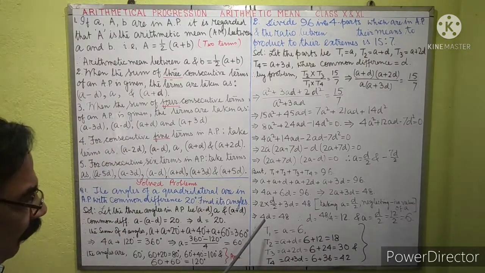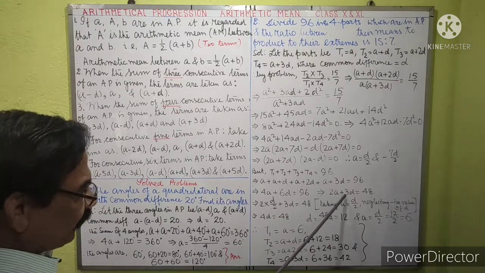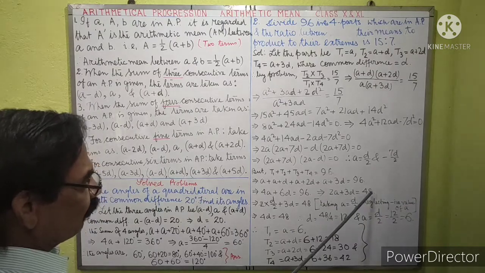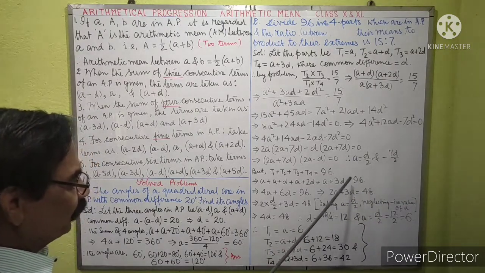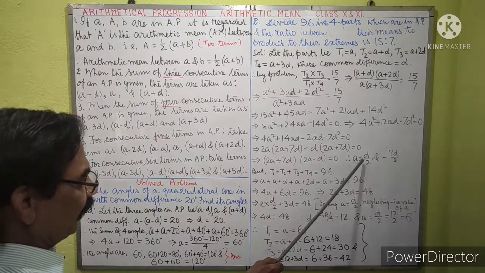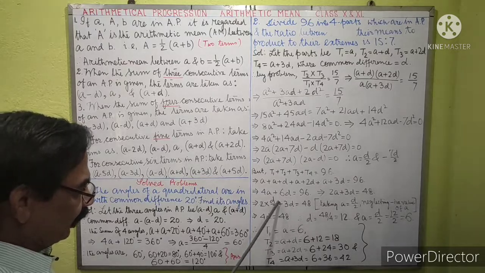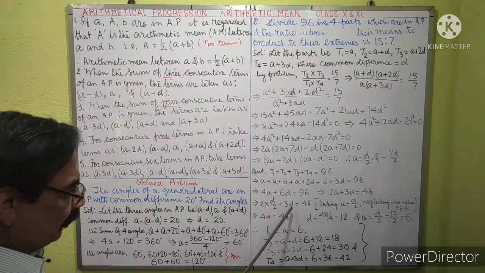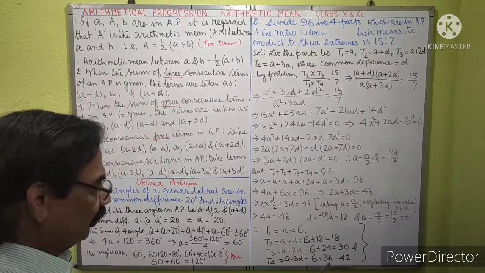That is, we get 2a plus 3d equal to 48. But we know that a equal to d by 2. Putting the value of a as d by 2 here, we get 4d equal to 48. Therefore d equal to 48 by 4, equal to 12.